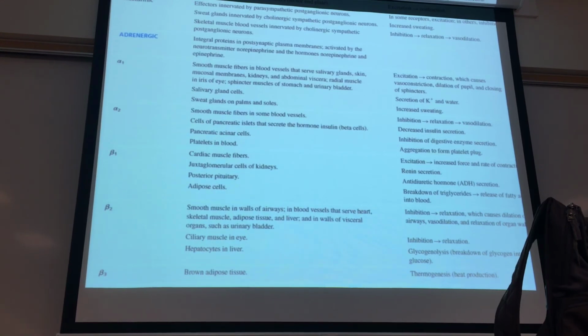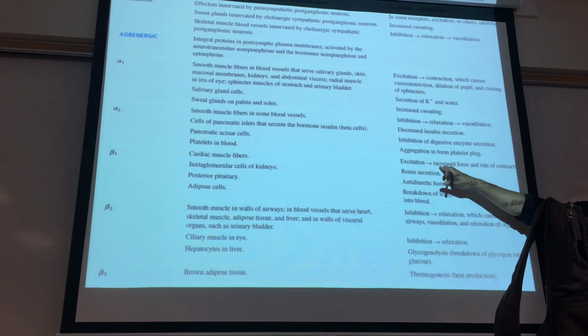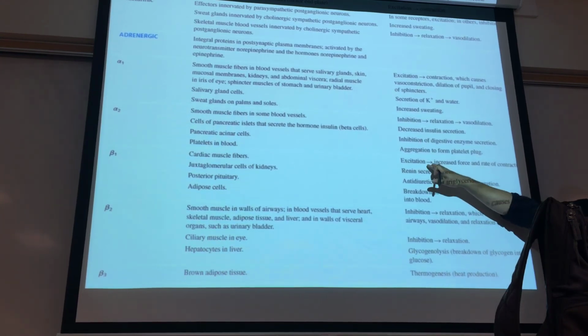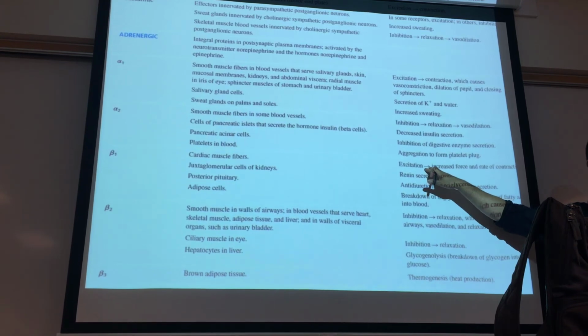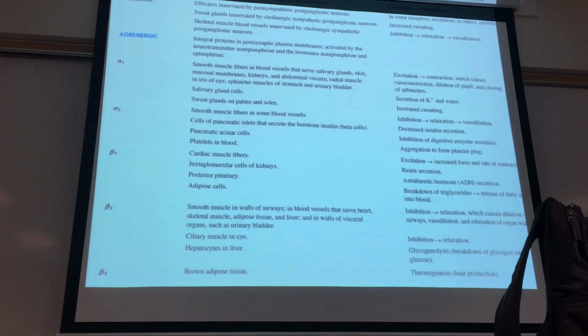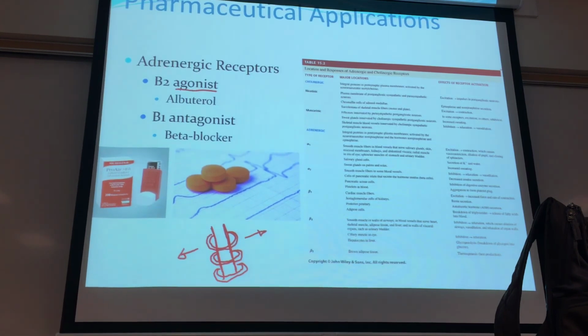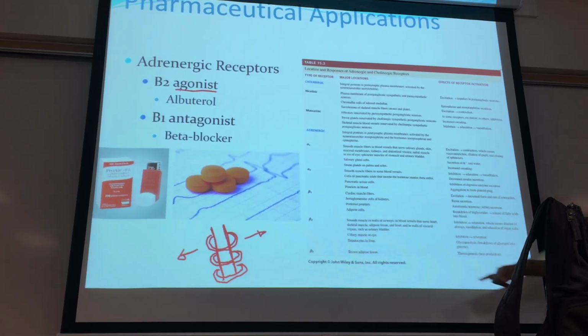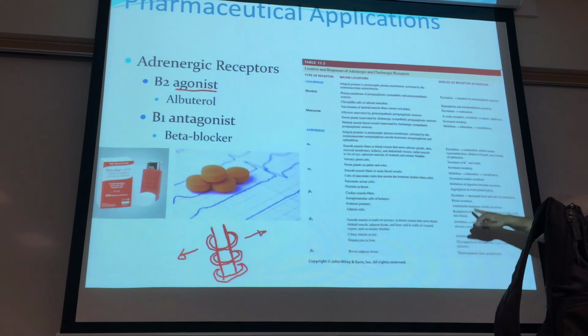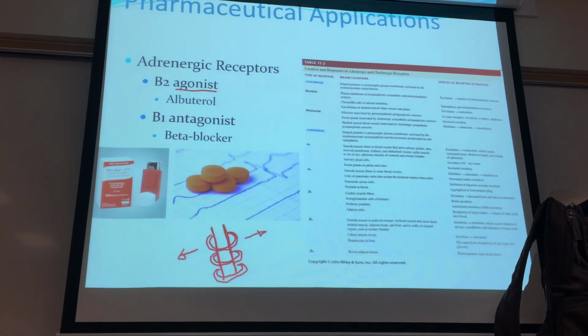And people that have issues with blood pressure, we don't want them to have a faster heart rate. We want to slow it down to bring their blood pressure down. So clearly somebody that has hypertension, you don't want epinephrine binding, because that would cause an increased heart rate response. What we want to do is give them something that blocks those beta 1 receptors.